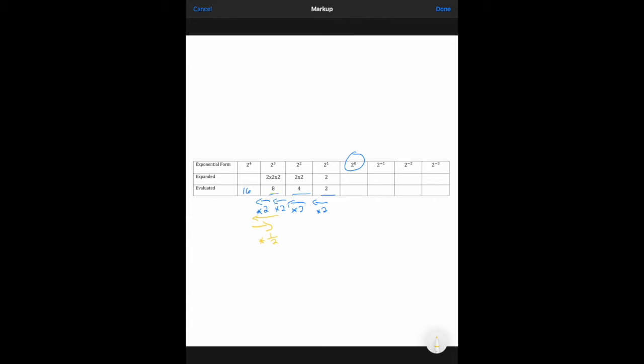We're going to get 8, and then times 1/2, we're getting 4, times 1/2, we're getting 2, and then times 1/2, we're getting 1. So that's where your concept of 1 comes from when you're doing the base to the exponent of 0.